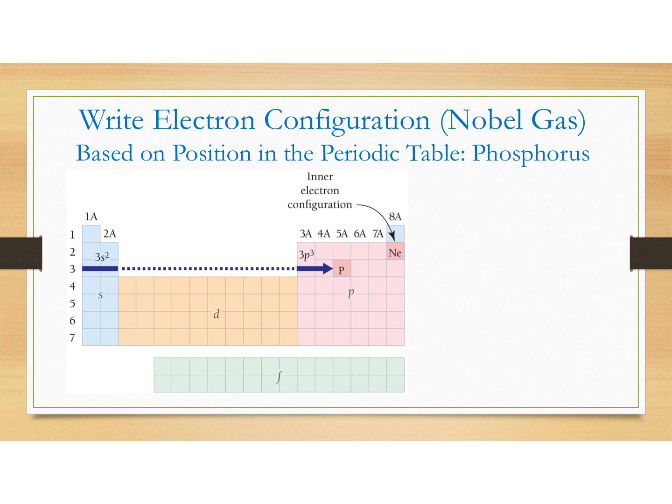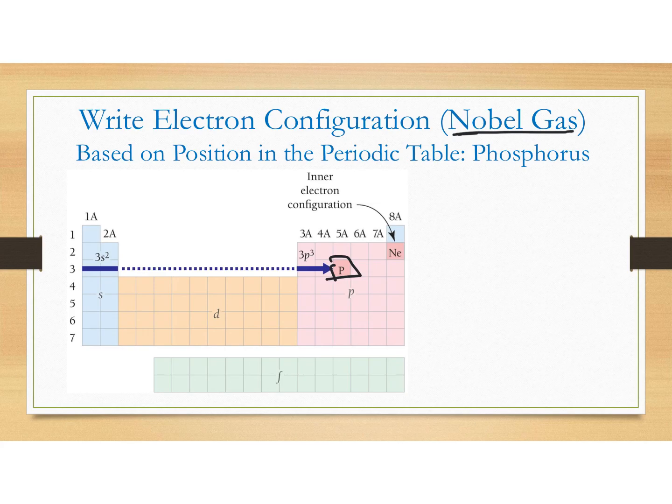So when we're looking at writing electron configurations, specifically noble gas, they're based on the position they are on the periodic table. If I was to ask you, what is the noble gas configuration for phosphorus?